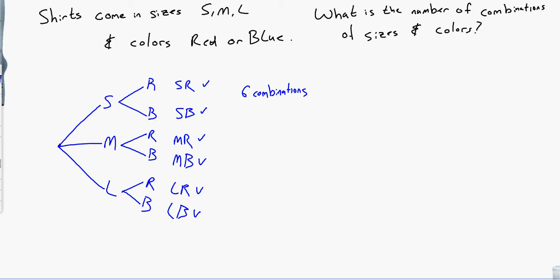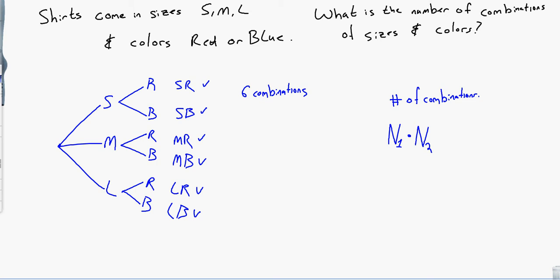Well, we can also figure this out by saying the number of combinations equals the number of options we have for our first option times the number of options we have for our second.